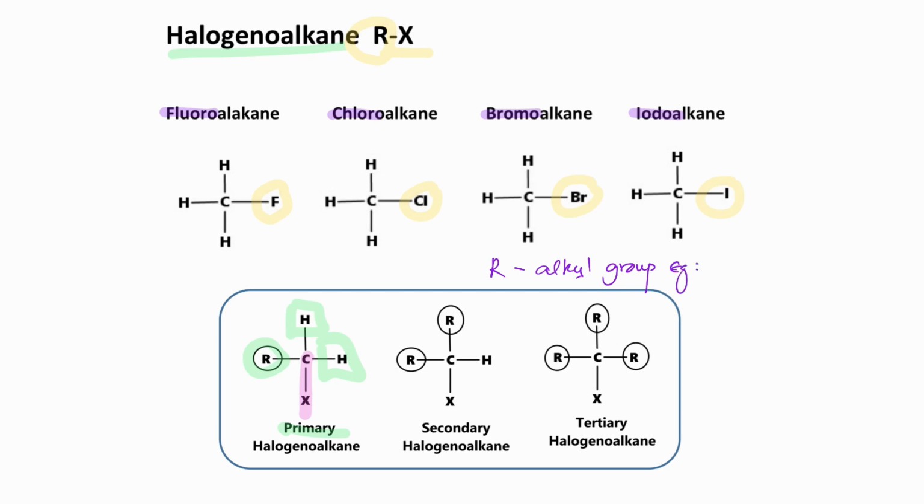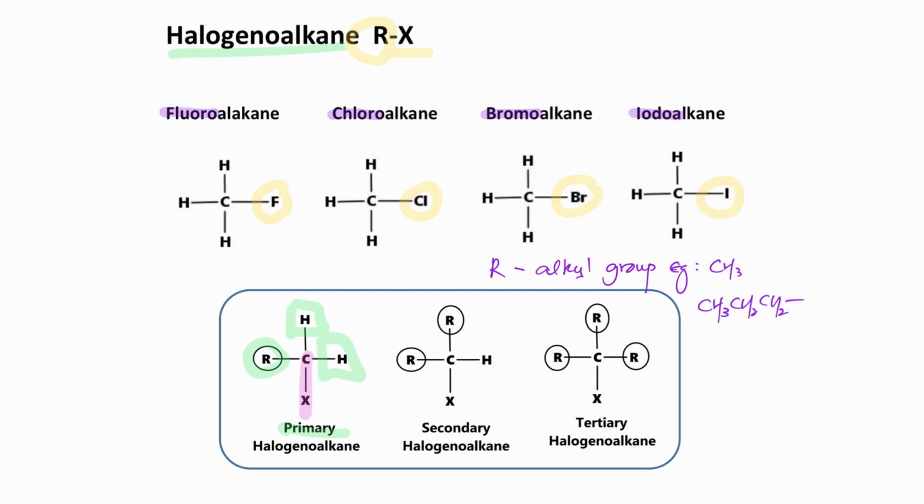For example, we can have CH3, or even longer, CH3CH2CH2, or longer. We must mainly focus on the carbon that is bonded to the halogen. So if it is bonded to 1R and 2H, it would be primary halogenoalkane.